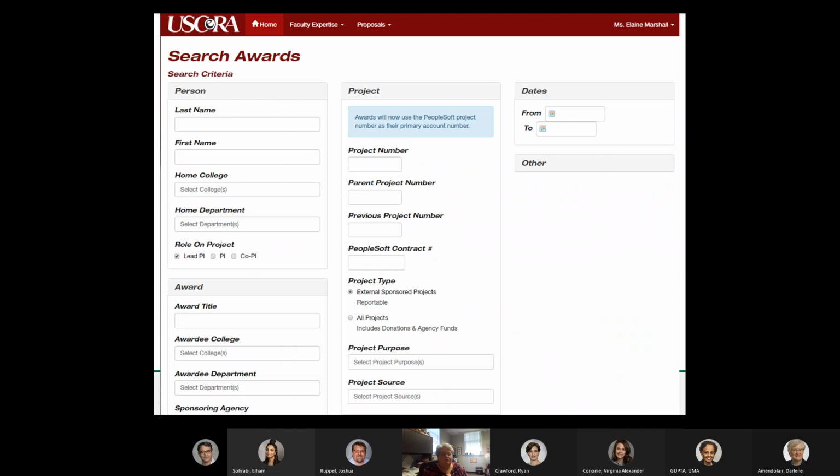As I said, proposals are private. I can see all Upstate proposals, but you will only be able to see your own proposals. So as you can see here, there's a bunch of ways to search, and it will give you a list that you can then download to Excel if you need information like that from USERRA.